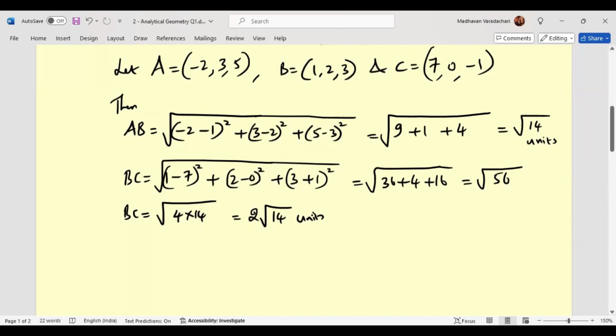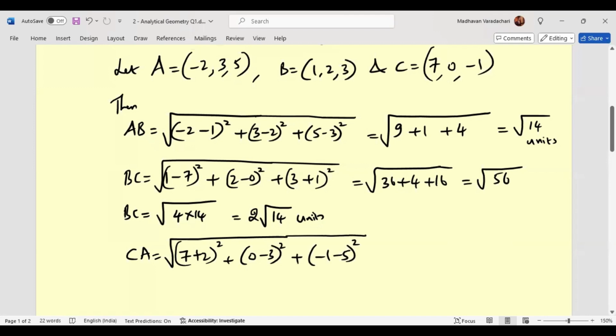Then CA will be square root of (7 minus (-2)), we are comparing this with the first point. 7 plus 2, the square, plus (0 minus 3) the square, plus (-1 minus 5) the whole square.